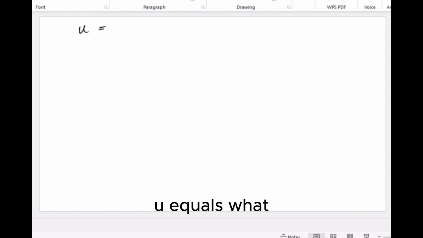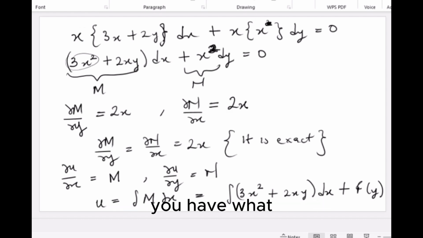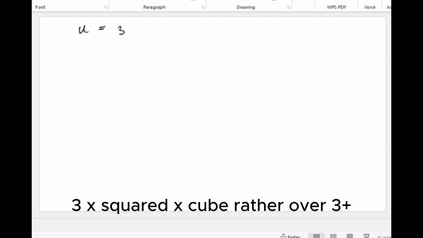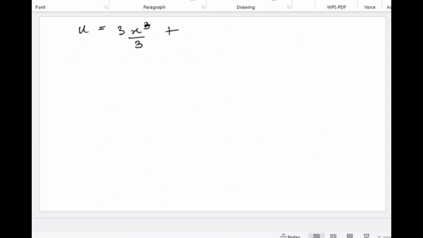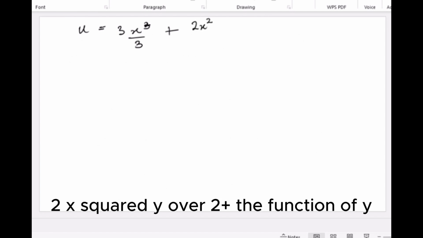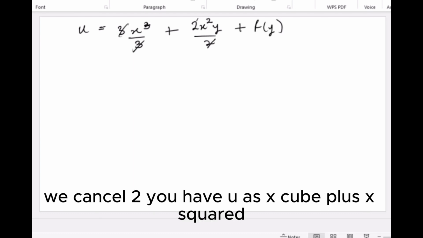Then u equals what? You need to integrate this. When you integrate with respect to x, you have 3x cubed over 3 plus 2x squared y over 2 plus the function of y, which is our constant. 3 can cancel 3, then 2 will cancel 2.